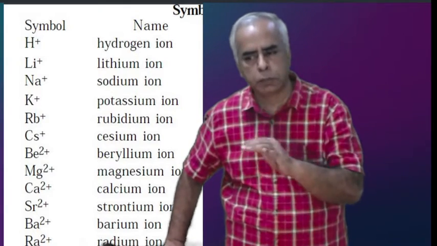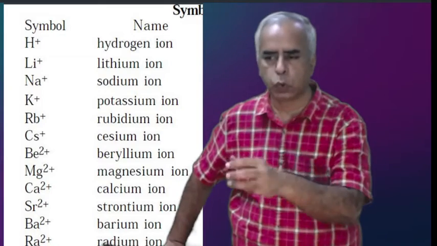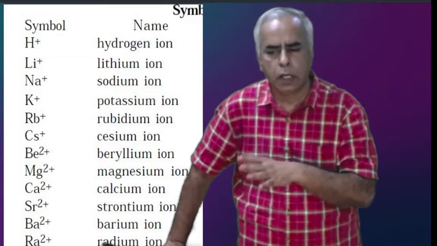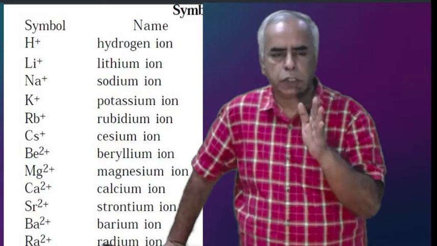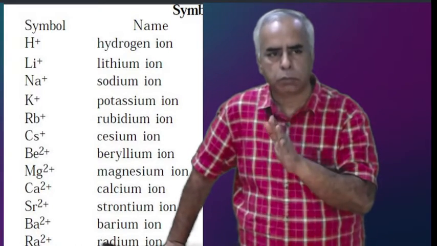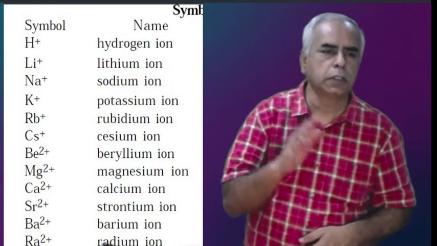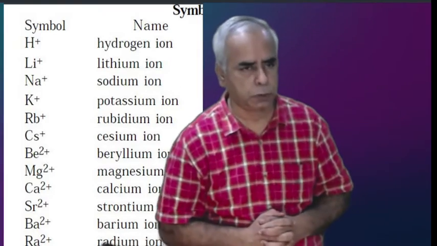Similarly, sulphuric acid means H2SO4. Here H represents a proton, with oxidation number +1 and charge plus. So the hydrogen ion is H plus.